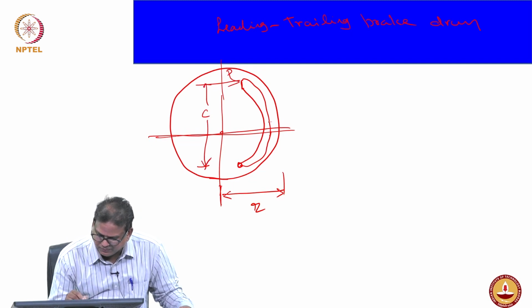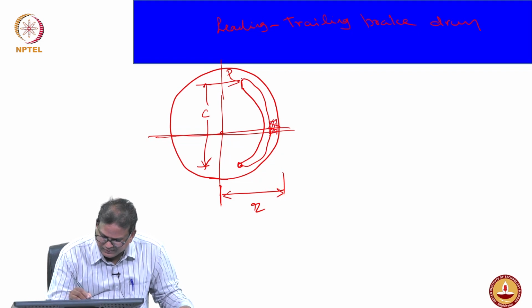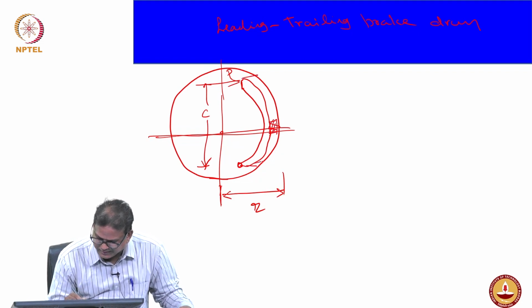I am showing only a small amount of friction lining, because the entire thing is friction lining, but for our understanding we are going to choose only a small area.